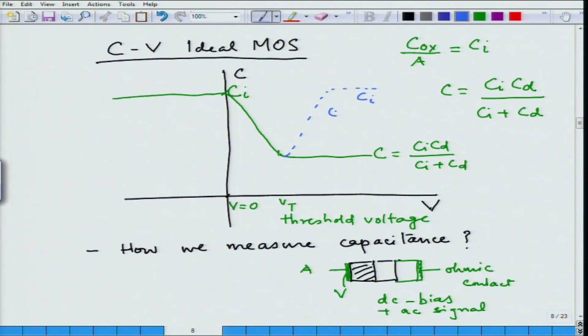This is what happens if the capacitance measurement that I talked about is done at low frequency. So, the capacitance measurement is dependent on the AC signal that we apply during the measurement, and at high frequency it is going to be constant, since the carriers are not able to respond and move, and you will get the capacitance which is given by this term.